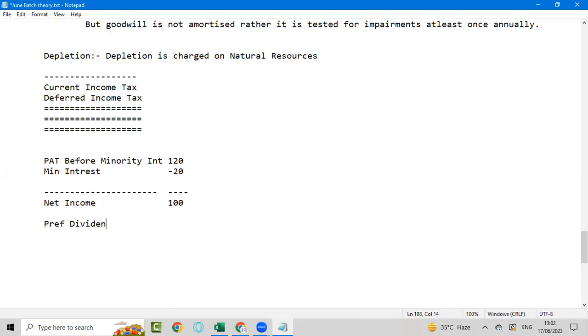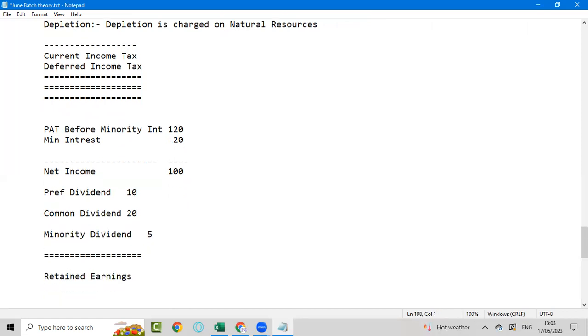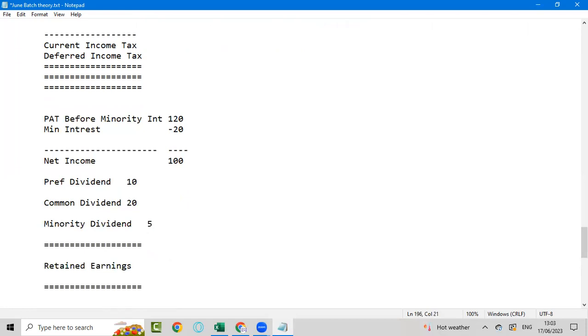Preference dividend, common dividend, minority dividend. Preference is, let's suppose, 10 rupees. Common is 20. Minority is 5. Tell me how much is the retained earnings. Retained earnings would be 70.